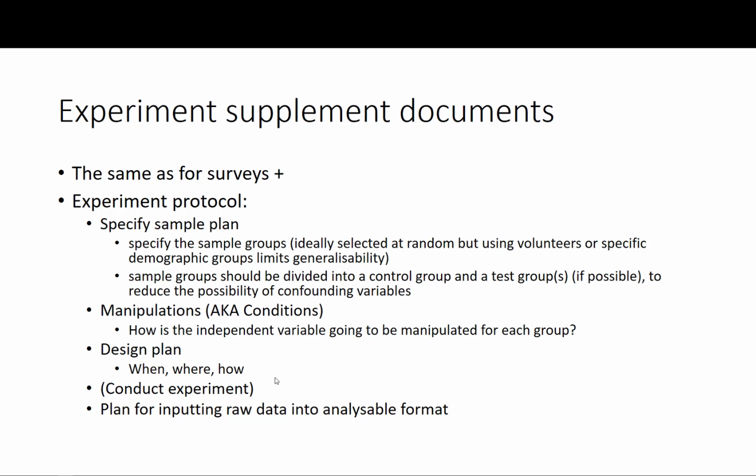The next thing that we decide is what are the manipulations, also known as the conditions, to which these groups will be assigned. Specifically, this is how the independent variable is going to be manipulated for each group. This could be the amount of information shown, the type of information shown, the product that is actually tested, or it could also be the order in which products are tested.